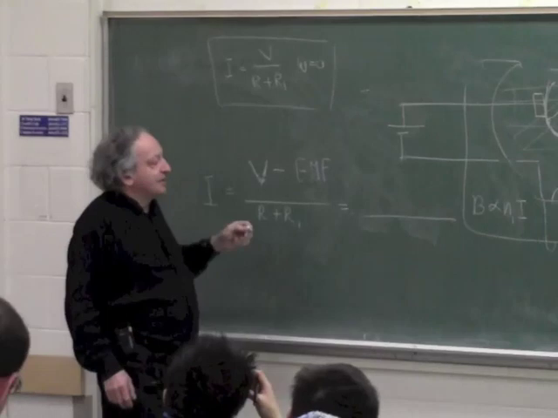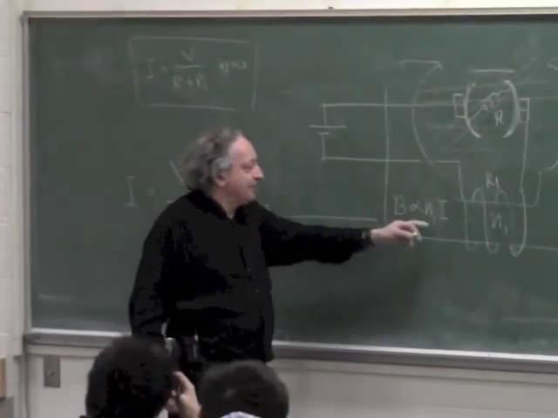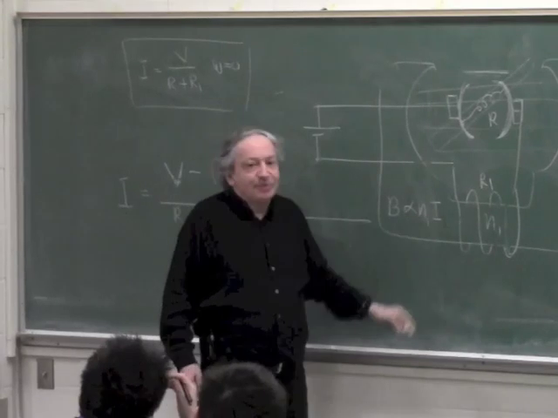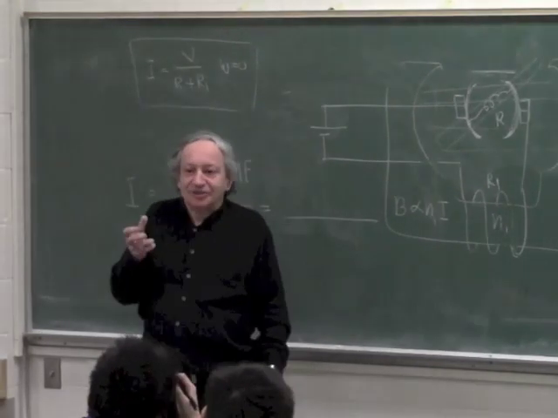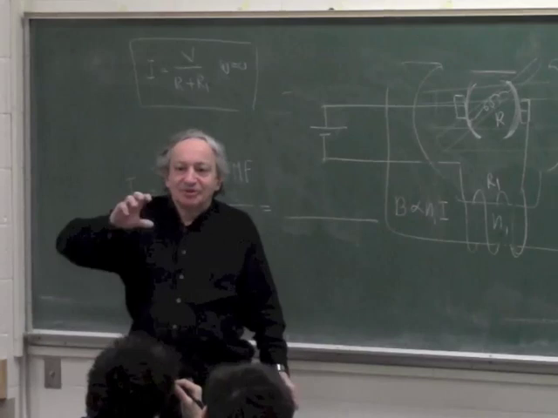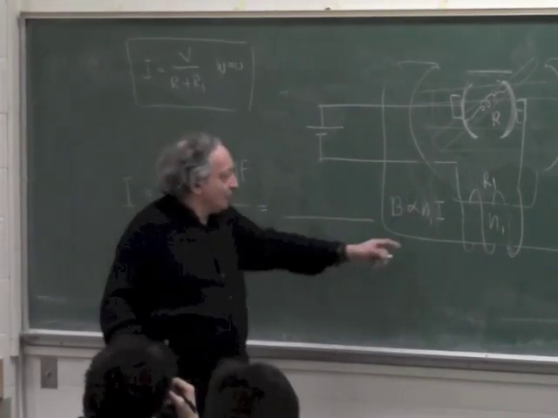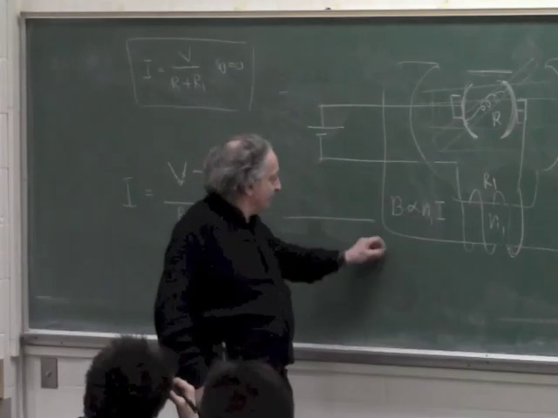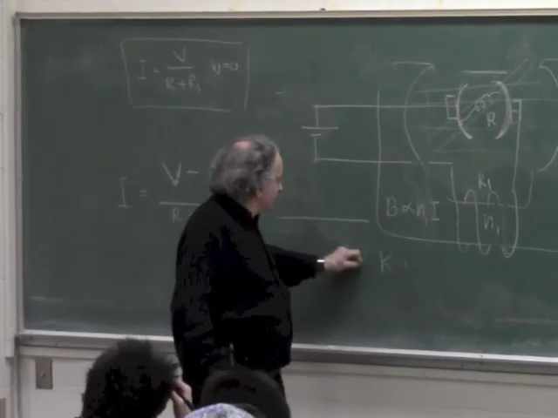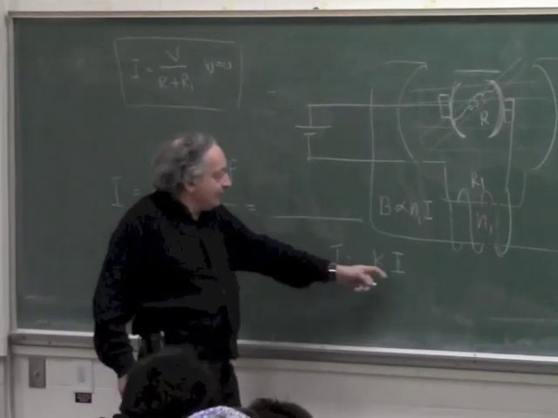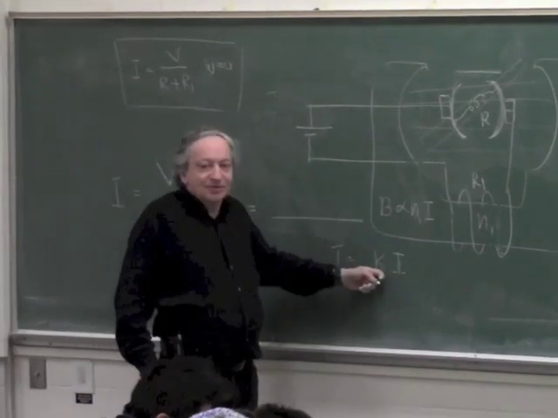An initial current which is very high will generate a very high B, because B is Ni. A very high B will give a very high torque constant. So the motor will be able to start against a very big load, because the torque, which is Ki, not only will I be high, but K will also be high.